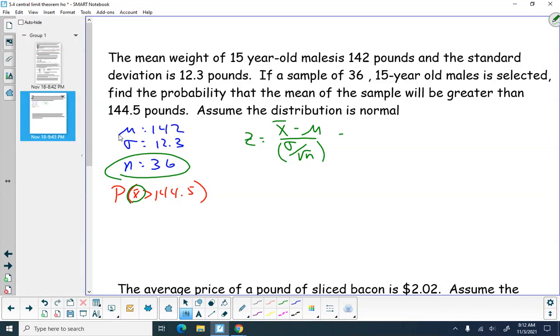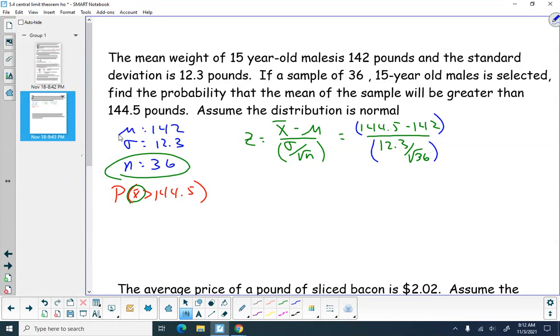So we have 144.5 minus 142 divided by my standard deviation, 12.3, divided by the square root of 36. Now, you have to watch your calculator.